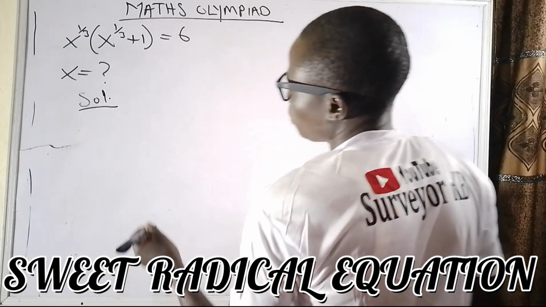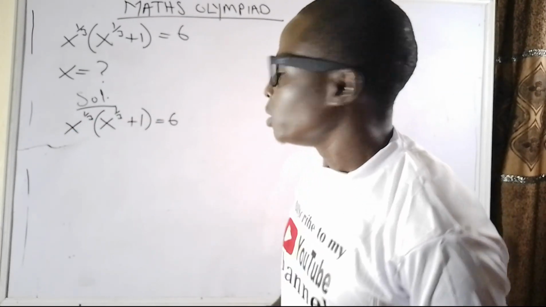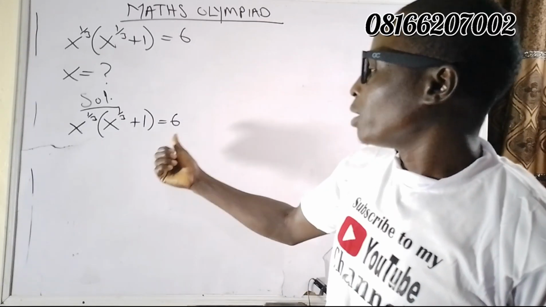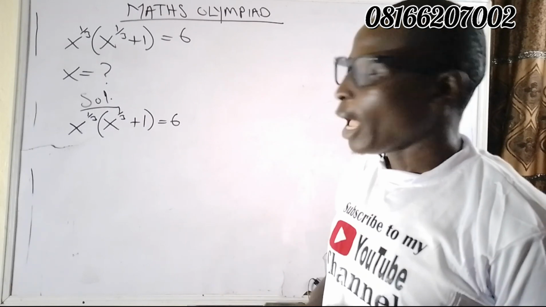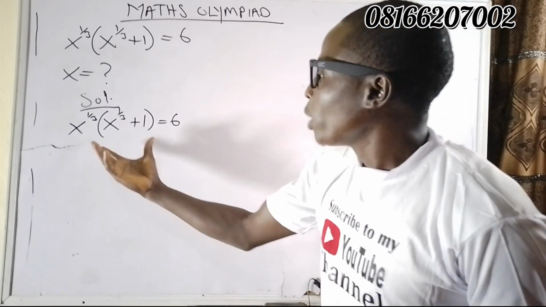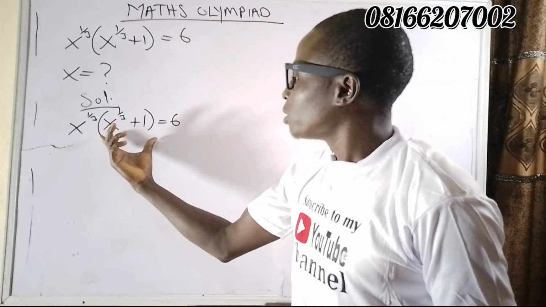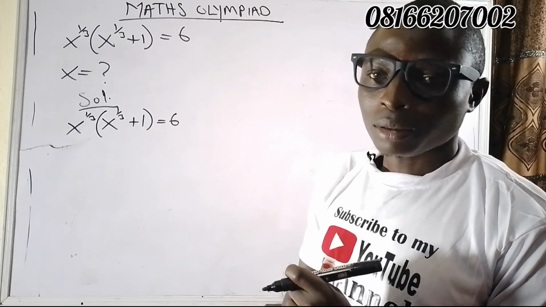When we look at this, there's no way we can raise x to the power of 1 over 3. I mean, we cannot make the bases the same. We cannot even make the content inside the bracket have the same base.